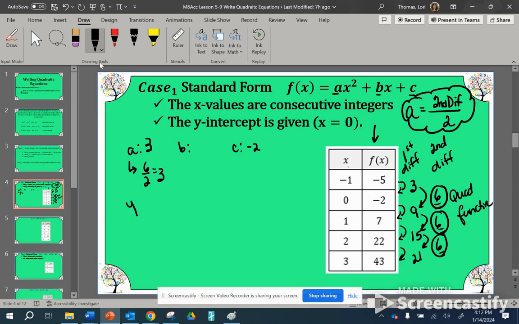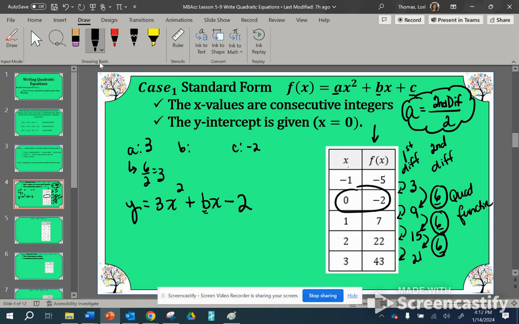So let's write what we have so far. y equals 3 times x squared plus some b value we do not know, and then we have our c value of negative 2. So now we have the a and the c replaced, and we need to find the b.